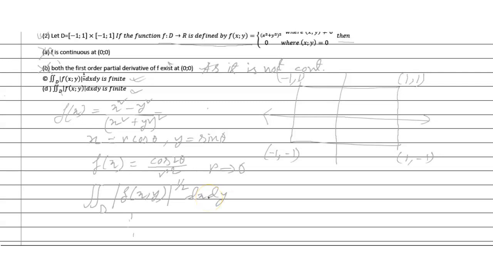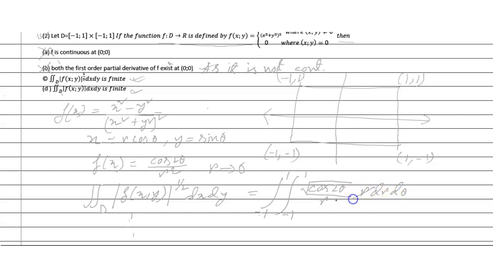So friends, whatever we get, the value is -1 to 1 and -1 to 1, cos 2 theta divided by root over cos 2 theta divided by r, and r into dr into d theta.